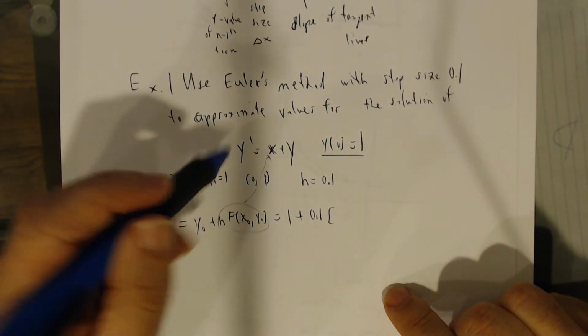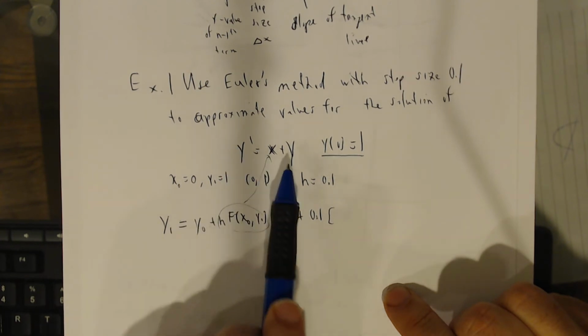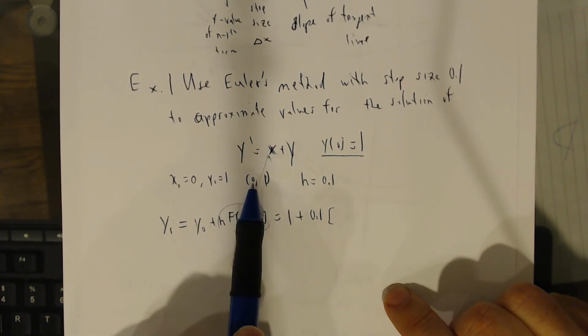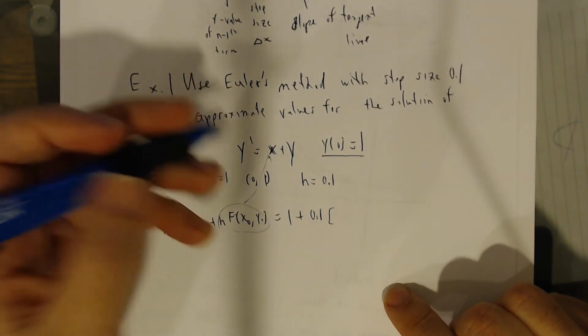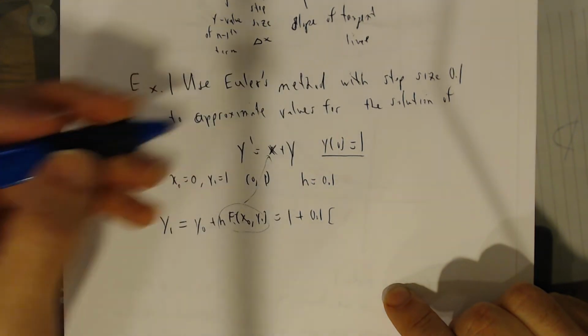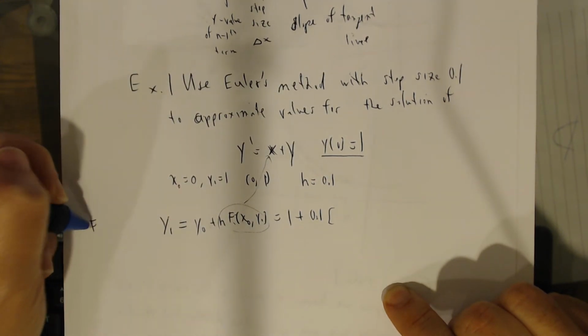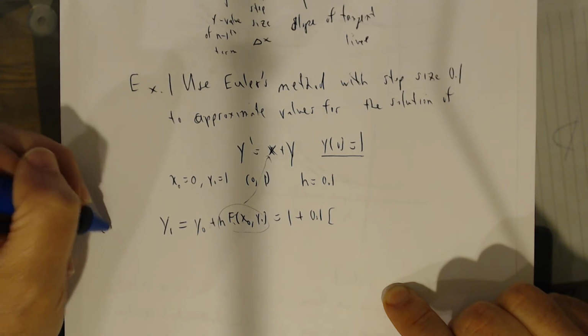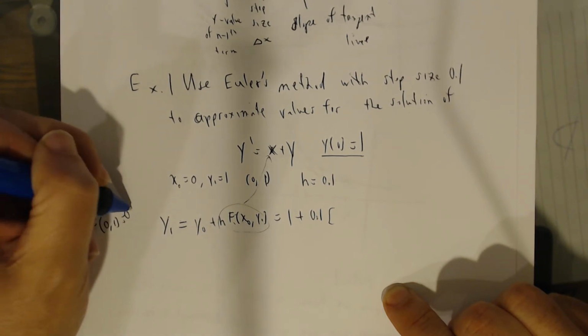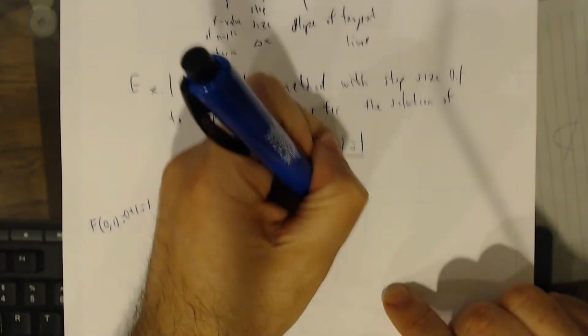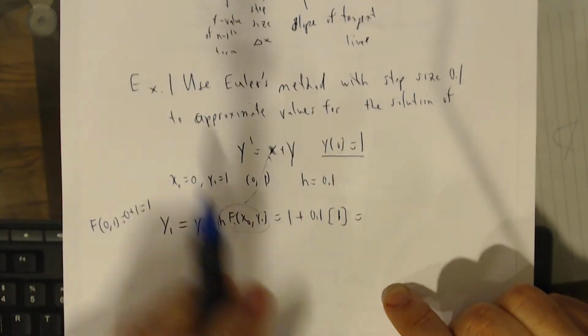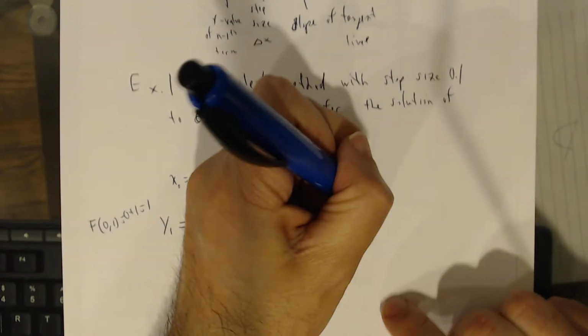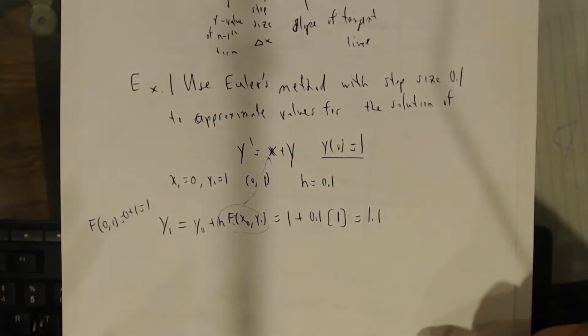How do I find y prime, or the slope of the tangent line? I plug in 0 for x and 1 for y. So for this one, let me come off to the side: capital F of 0 comma 1 equals 0 plus 1, which is 1. So this becomes 1 plus 0.1. So that's 1.1.